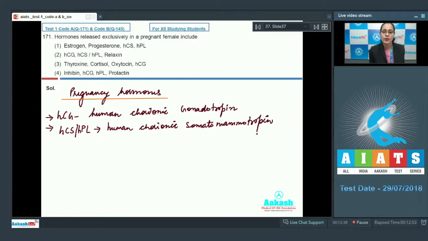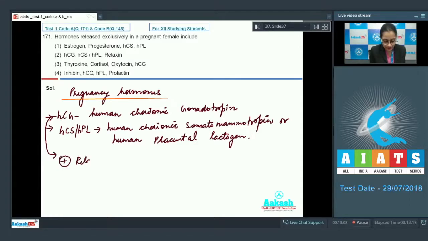Human chorionic somatomammotropin or human placental lactogen. This HCG also stimulates relaxin, which will facilitate parturition. What is parturition? Delivery of the baby.